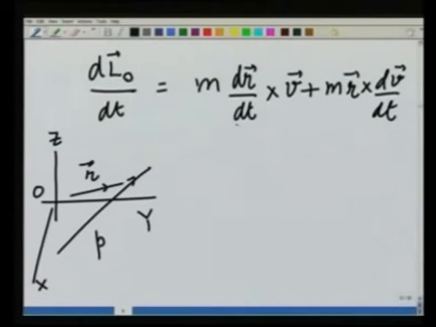But we know that dr/dt is nothing but the velocity itself, and velocity cross velocity is going to give you 0.